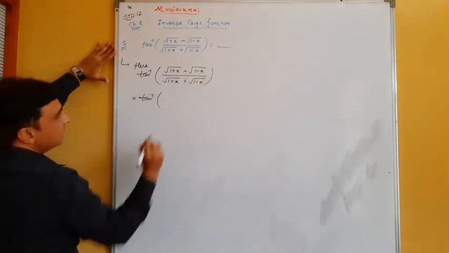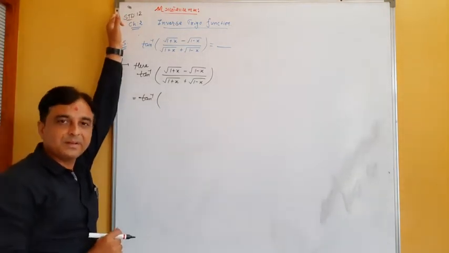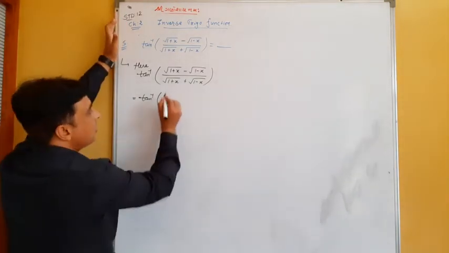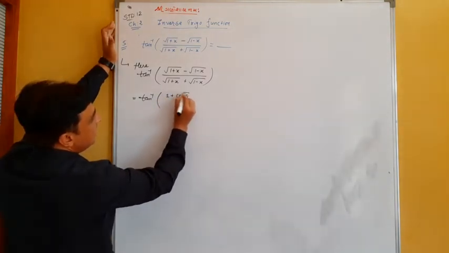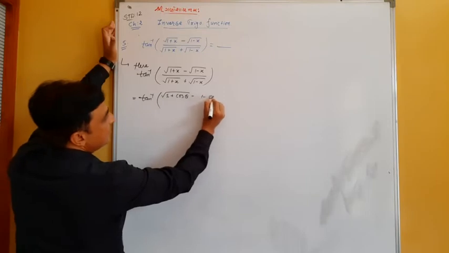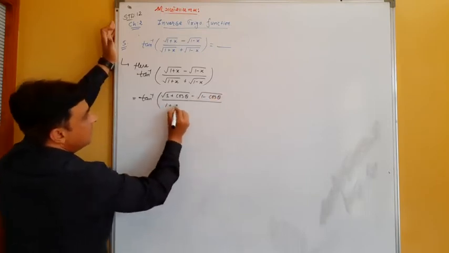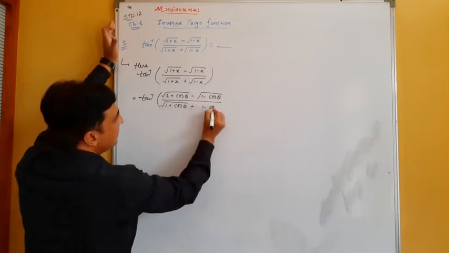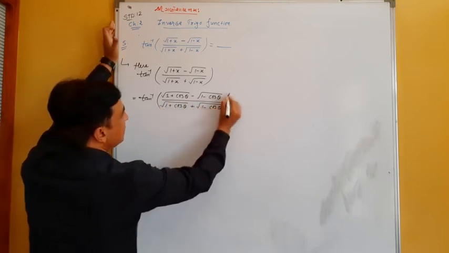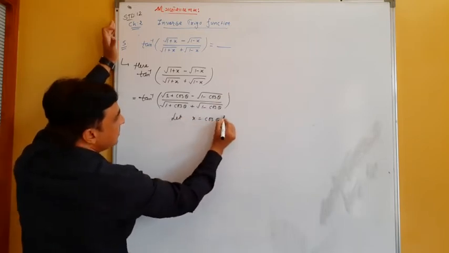So let x equal cos θ. So it becomes (√(1 + cos θ) - √(1 - cos θ))/(√(1 + cos θ) + √(1 - cos θ)). Let x equal cos θ.